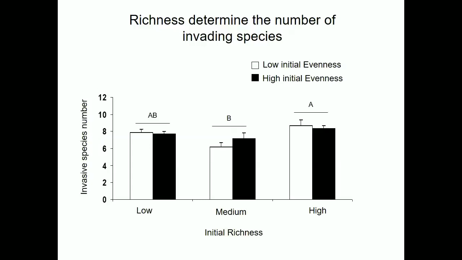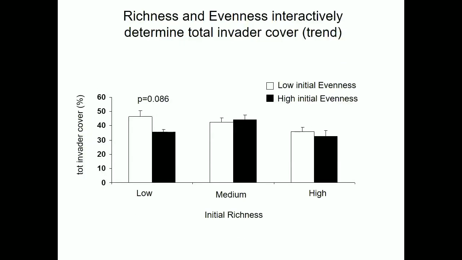It was not different from the low, which we found a bit surprising. And then if you look at the total cover of all invasive species, we saw the same pattern, but it was only a trend. So you would see more when evenness is low and when richness is low. So interaction here.